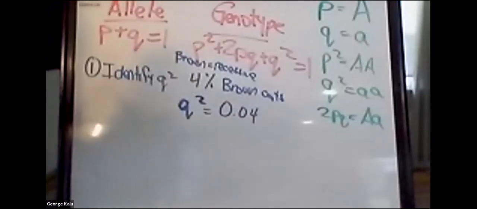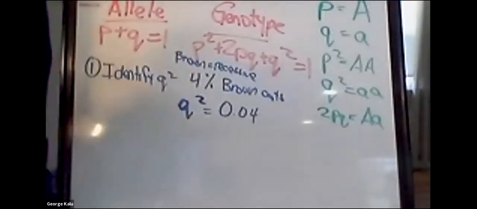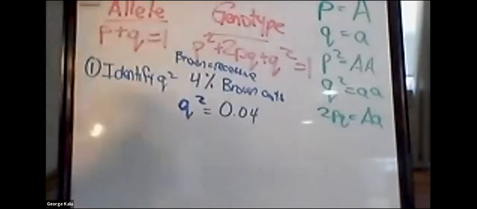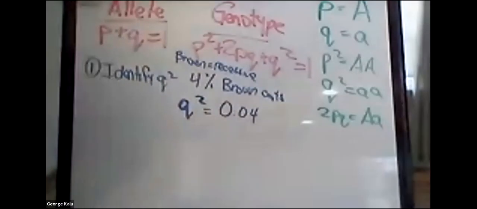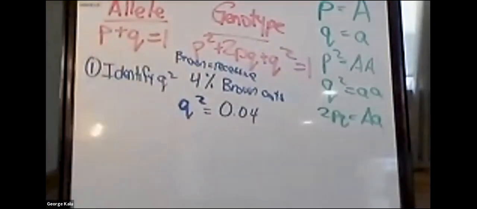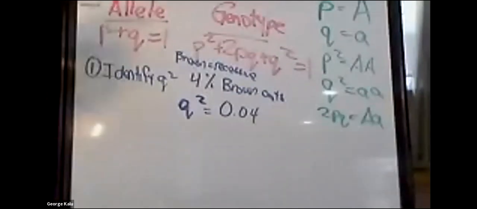Should we find P, Q, P squared, or 2PQ based off of what we have already? What's the easiest one to find from here? Q, right. So we want to find Q. So how can we find Q based off of what we have already?